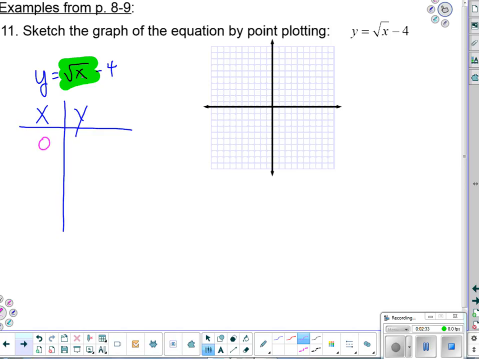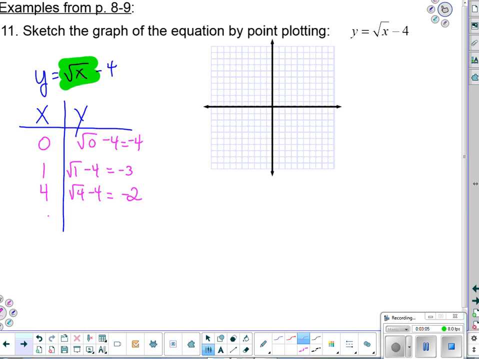So when I plug in 0, the square root of 0 minus 4 would give me negative 4. 1 seems to be a nice value because the square root of 1 minus 4 would be 1 minus 4, which gives me negative 3. 2, well, square root of 2 is not the prettiest number, is it? It's not one I can just come up with in my head. Square root of 3, kind of the same thing. But if I go to 4, a nice perfect square, the square root of 4 minus 4 would be 2 minus 4, which gives me negative 2.